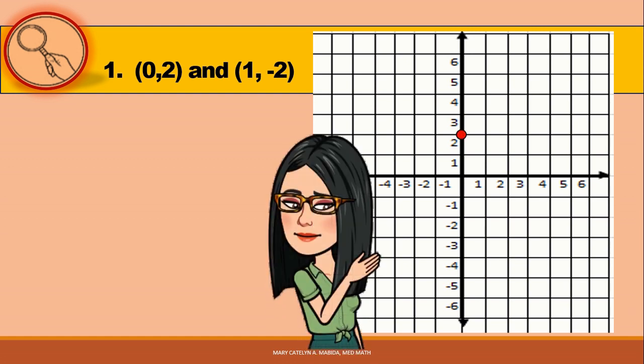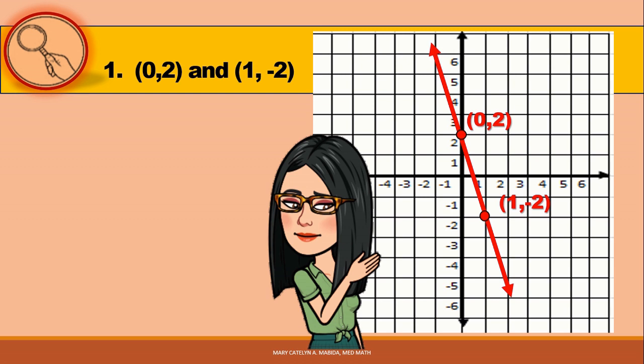So we have (0, 2) here, and here is our (1, -2). And then we are going to connect the 2 points. And there you have the graph of your line.